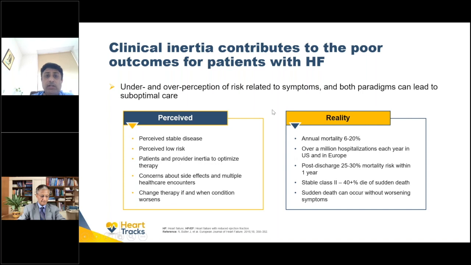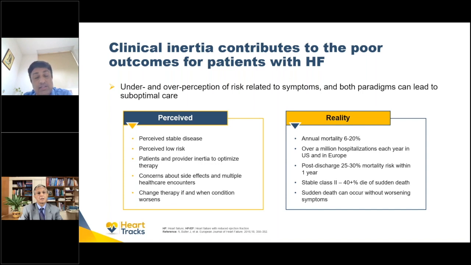So what are the important factors in the minds of the treating physicians? One thing is that when the patient comes in a stable hemodynamic state, the treating physician thinks, no, the patient is stable, I will not increase the drug dose.